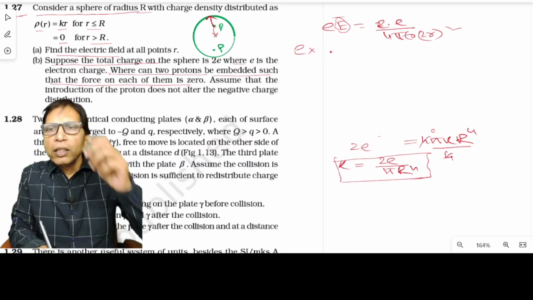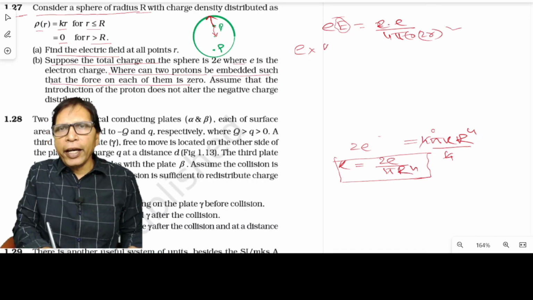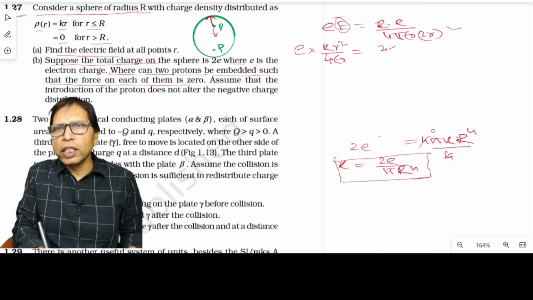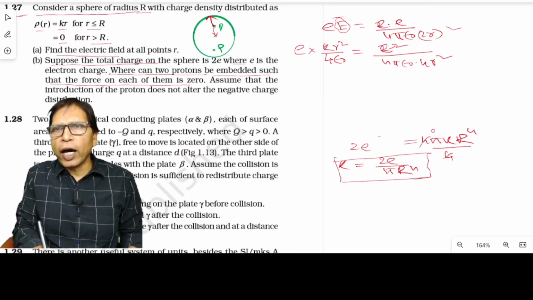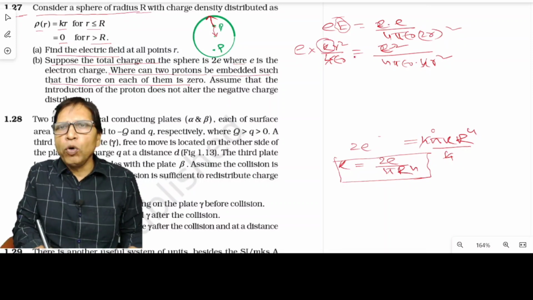Now the electric field E equals k r square by 4 epsilon naught. So e times E equals e square divided by 4 pi epsilon naught into 4r square. Now this and this cancel out. If we put the value of k, look at this.